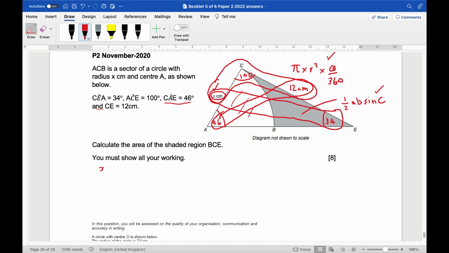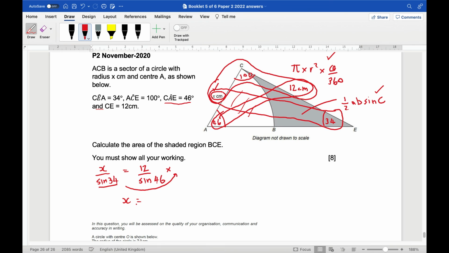So to get x over sine 34 equals 12, this side here, over its opposite pair, sine 46. Should really put those in brackets. Again, guys, the opposite of dividing by this is the times by it. Up there.